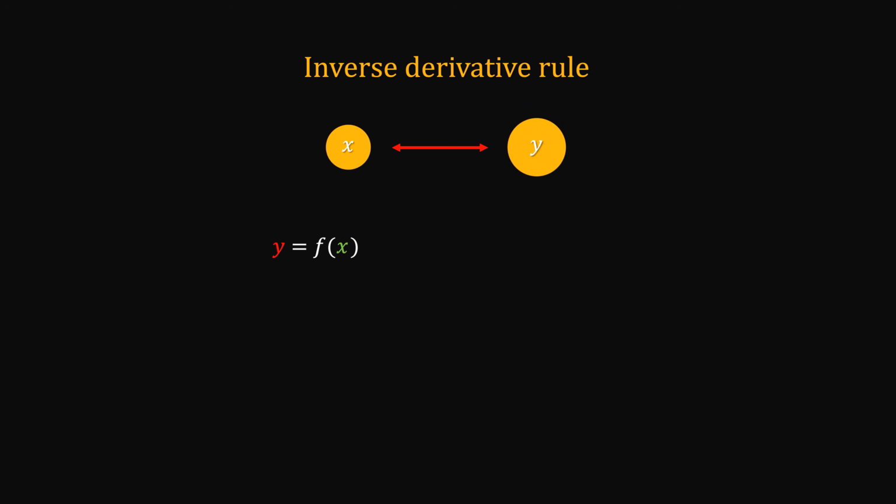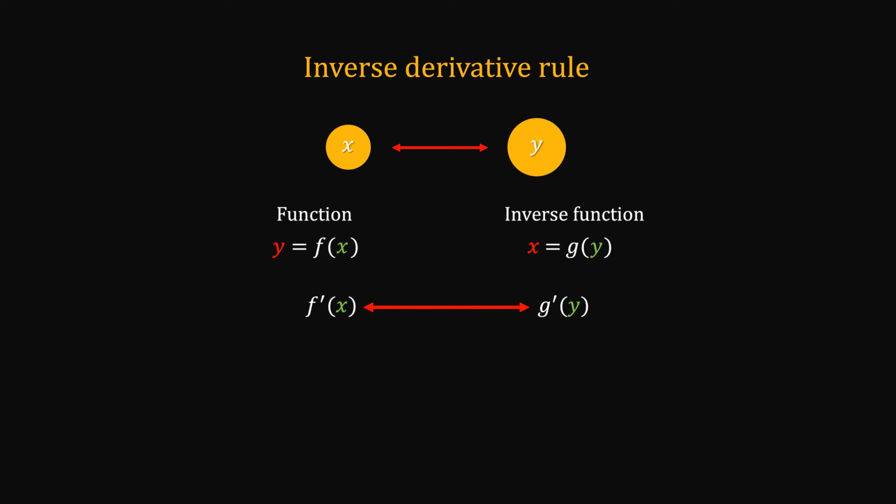On the other hand, when y is known, x is unknown, and function g is used to compute the unknown. This is the inverse function as opposed to the original one. The inverse derivative rule says there is a connection between the two derivatives. The product is 1. Before we see how the math works, let's think intuitively why it makes sense.